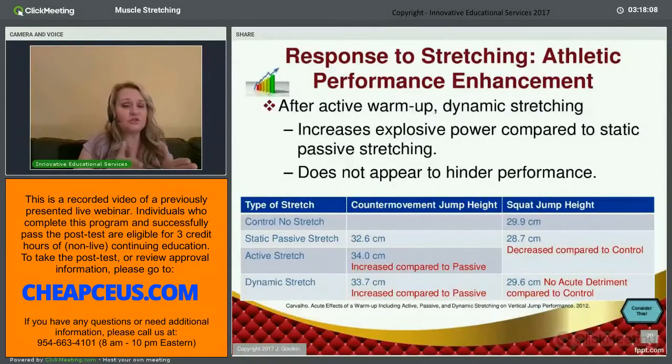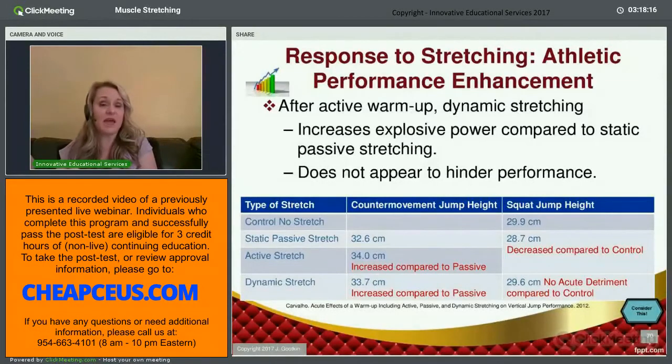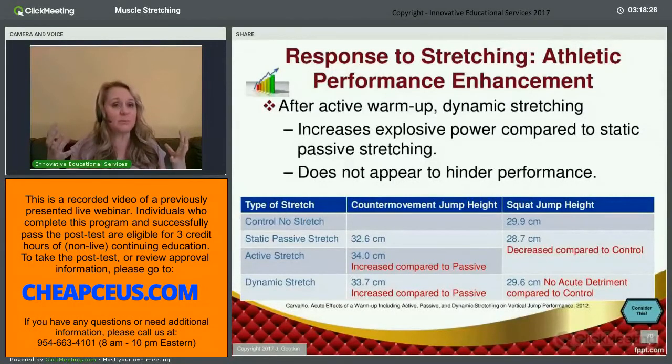And what they considered is, let's do passive stretching on the patient, active stretching, and then dynamic. And what they found in looking at all these different numbers here, the takeaway is that the dynamic stretching did allow the patient to have a better plyometric type of jump, where they went eccentric, concentric, and then landing for an eccentric, that it reinforced that priming the musculoskeletal system for that explosive power.